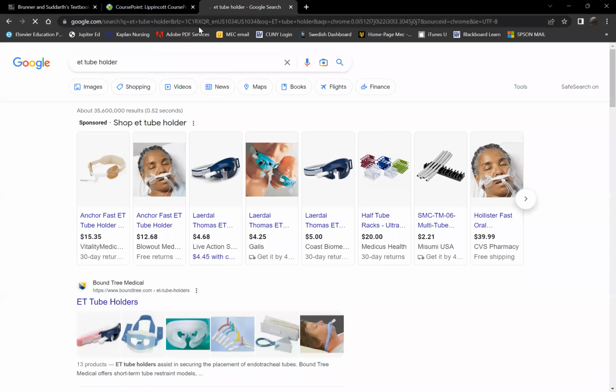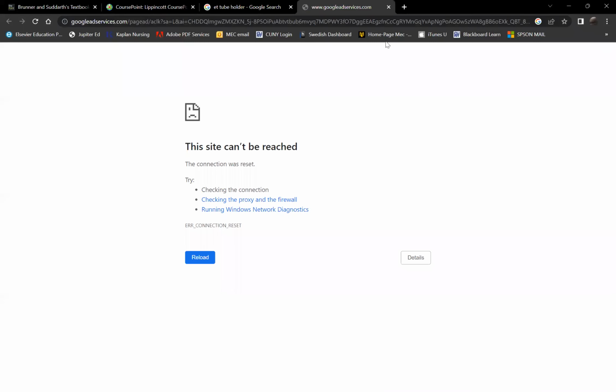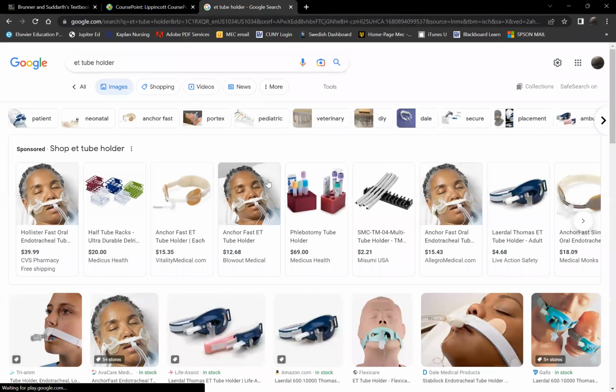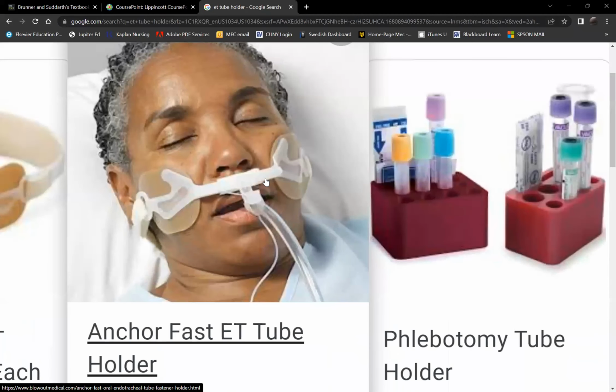We call it an ET tube holder. We have different brands. This would be the most commonly used. We have pads. It's made of plastic, but it has Velcro straps now. So all you do is tighten or loosen the straps to make it secure.